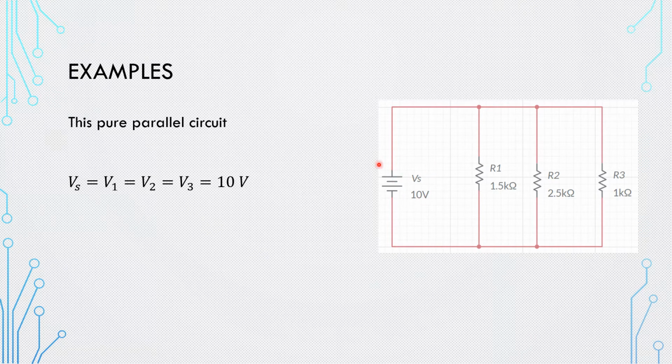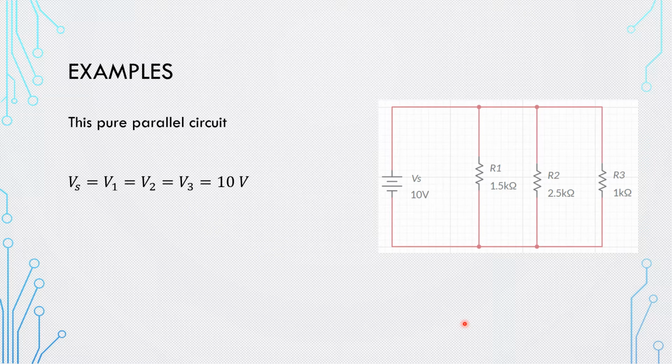Since the power supply is connected to these two junctions, each resistor is gonna have the same voltage as the voltage source. So V1 equals V2 equals V3, and all of them equal the voltage source, which is 10 volts. It's very straightforward, as long as you see that I'm having a parallel connection and no element sharing in this connection.